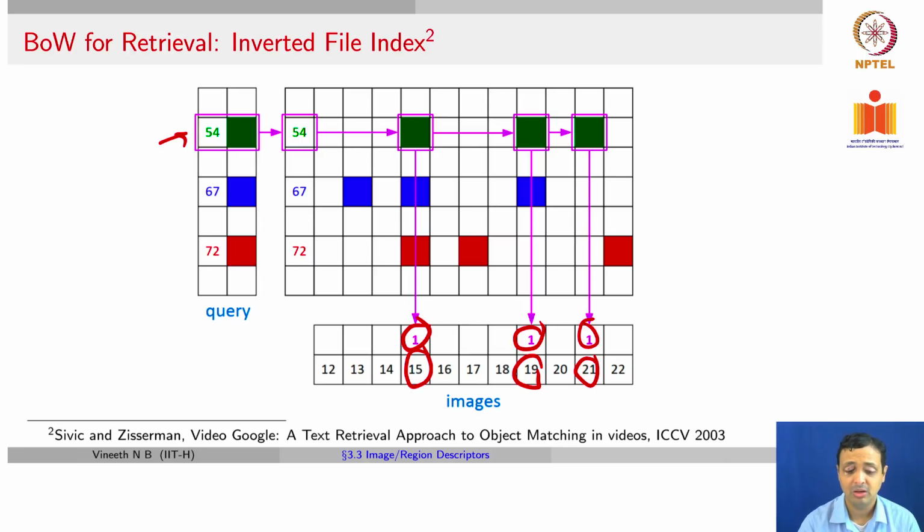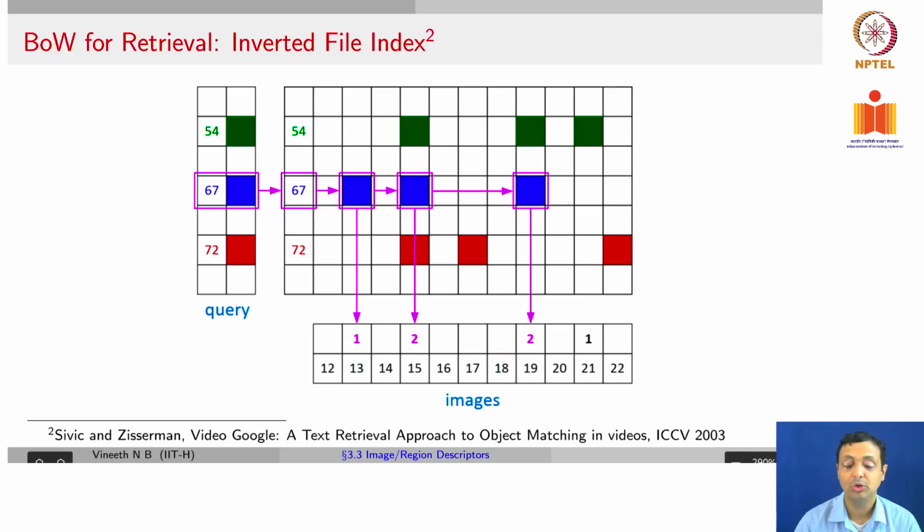So you're now trying to compare which of these repository images contain the same word which is there in your query image. Similarly, you would do this for the 67th word, and you'll get an increase in count for these two images, but no increase in count for 13th and 21st.